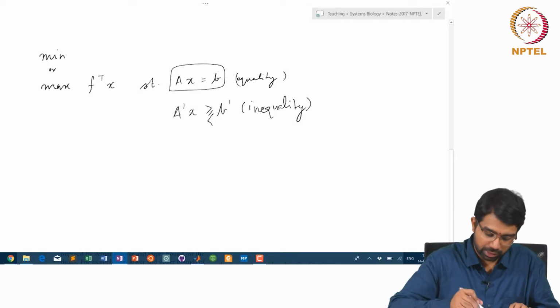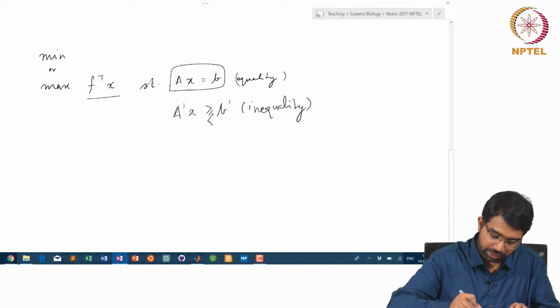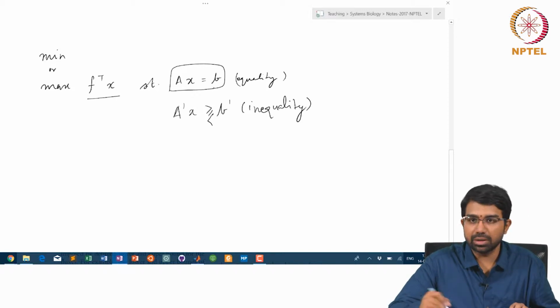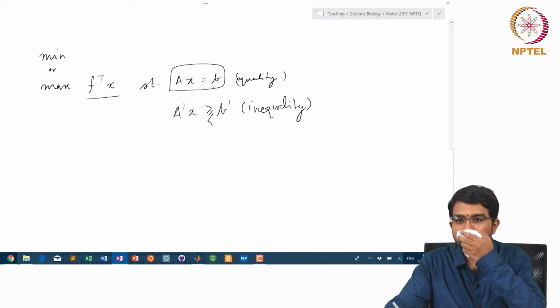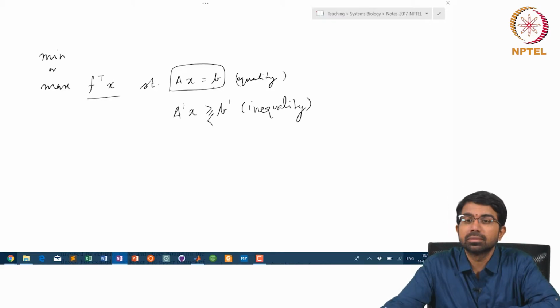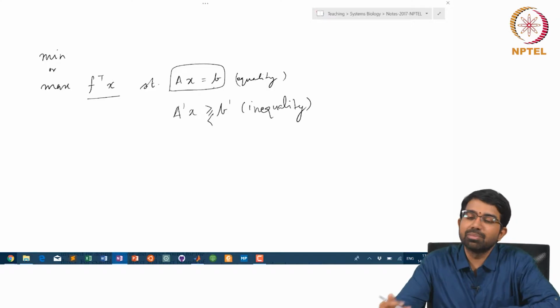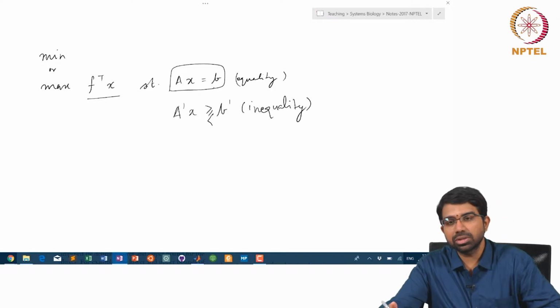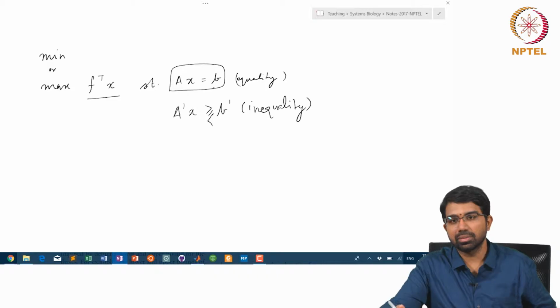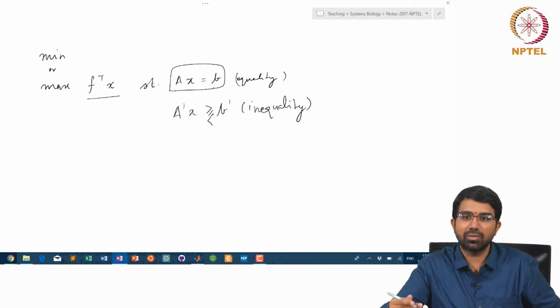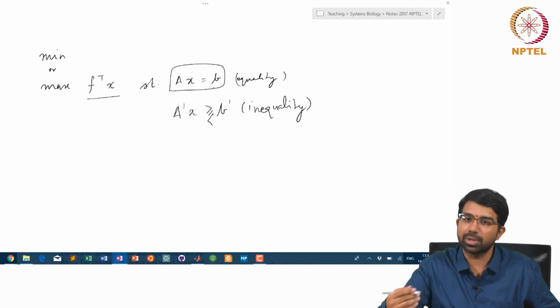Whereas in FBA we only have a single objective function and equality constraints. Do we have inequality constraints? If you know the lower bound and upper bound, those can be specified as inequality constraints, but these are very simple constraints. These are just upper and lower bounds, so they are usually specified separately. Most solvers will have a specification for upper and lower bounds.